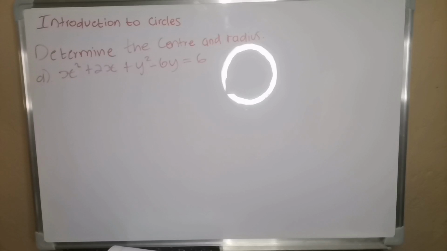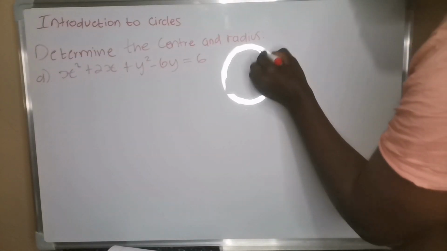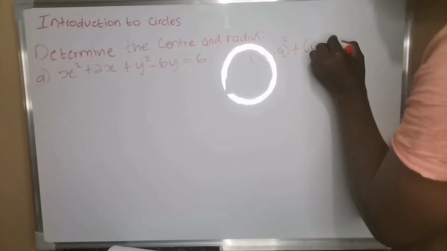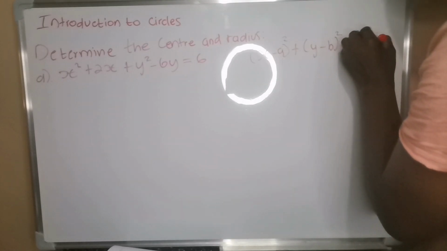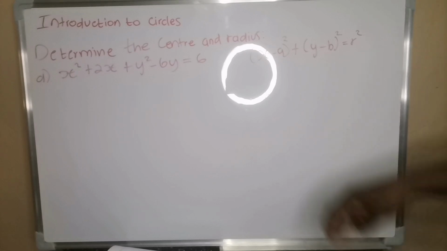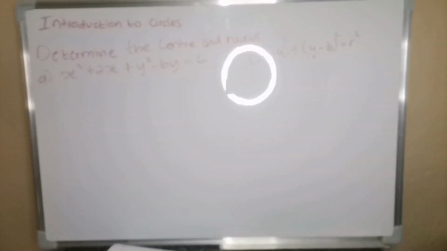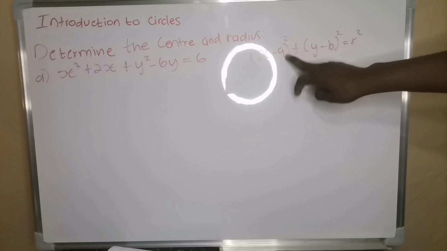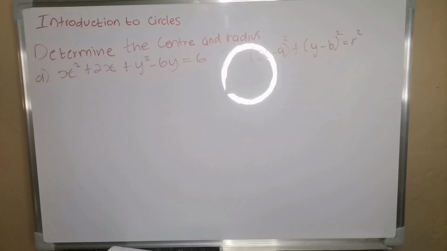Remember our standard equation again. We've got x minus a squared plus y minus b squared is equal to r squared. So do we have something like this here? No. How are we going to find our equation here? Remember, let me just simplify x minus a.